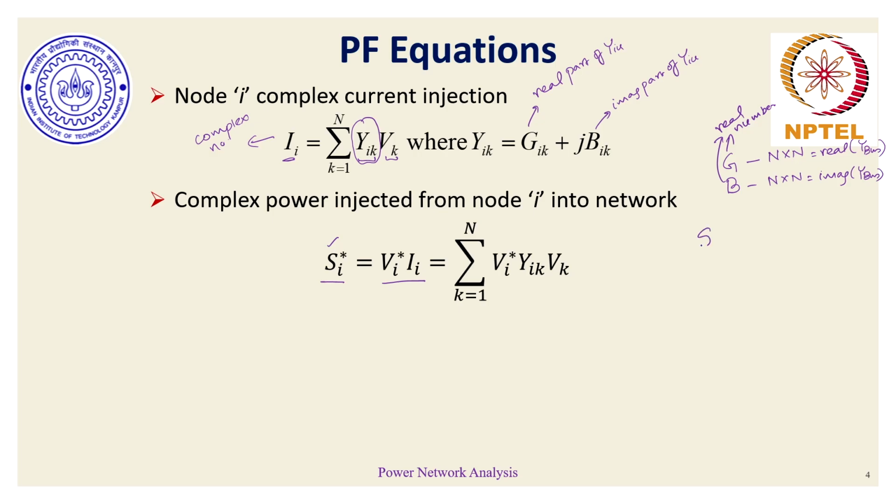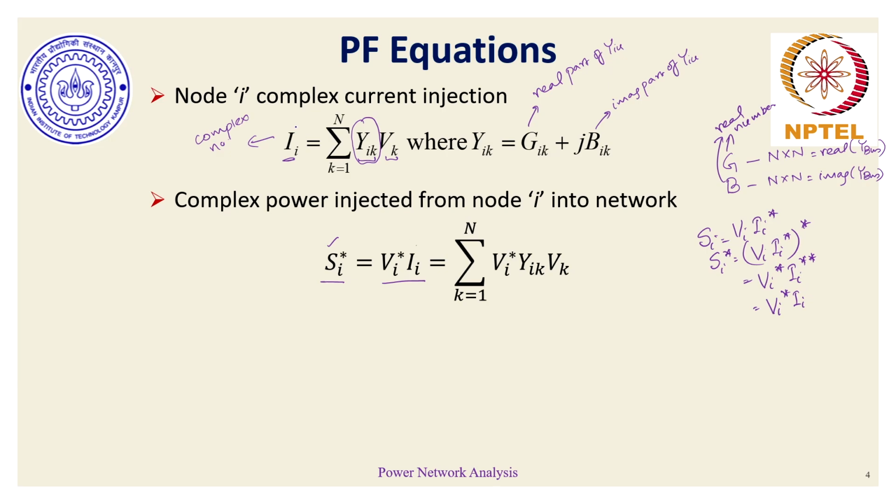If Si is Vi into Ii conjugate, then Si conjugate would be Vi conjugate times Ii conjugate, conjugated. A double conjugate doesn't change Ii, so Ii double conjugate is simply equal to Ii.